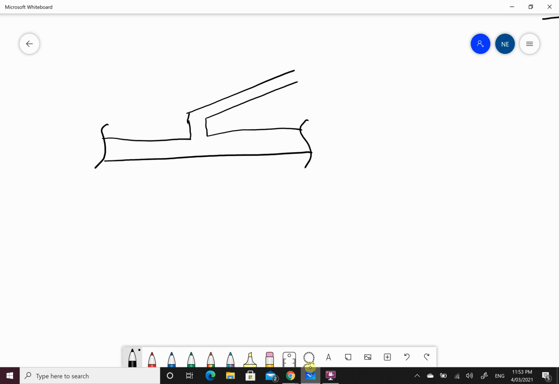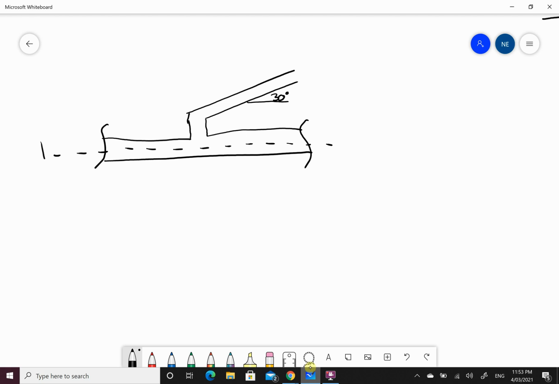Well, I have something like this. My piezometer is on a slope. I have my pipe in here. So 30 degrees from the center line of the pipe.